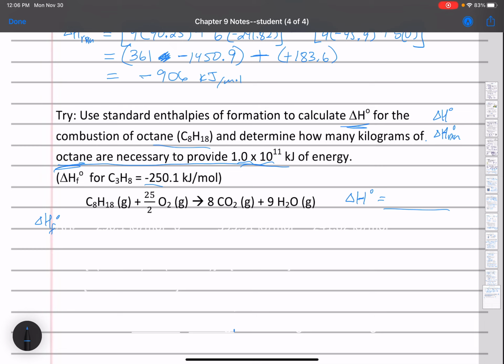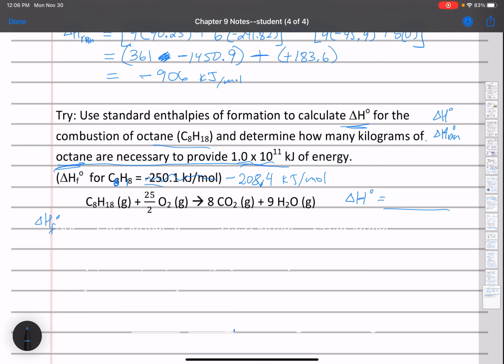Is not negative 250 kilojoules per mole. Apparently it is negative 208.4 kilojoules per mole. So C8H18. There we go. Okay.